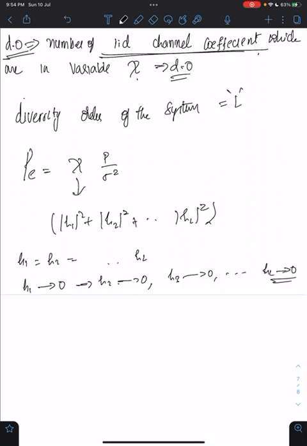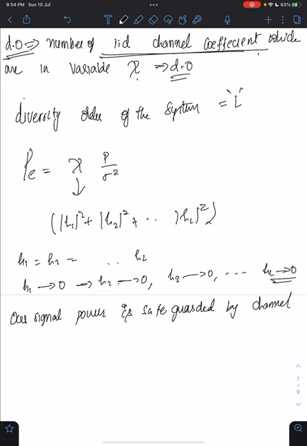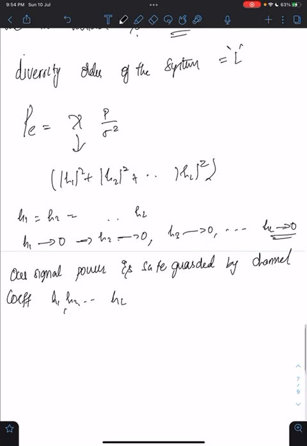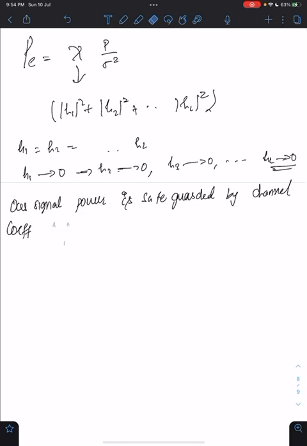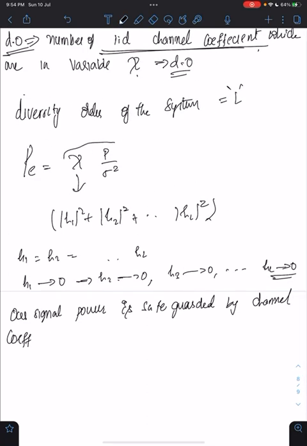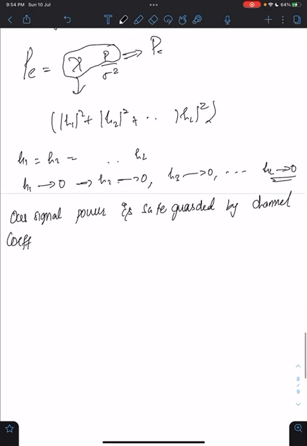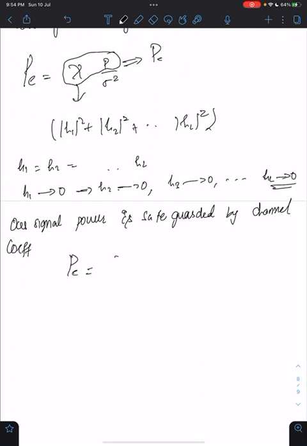Our signal power is safeguarded by channel coefficients H1, H2, HL. You can consider this whole term as the effective signal power, P effective equals chi into P.